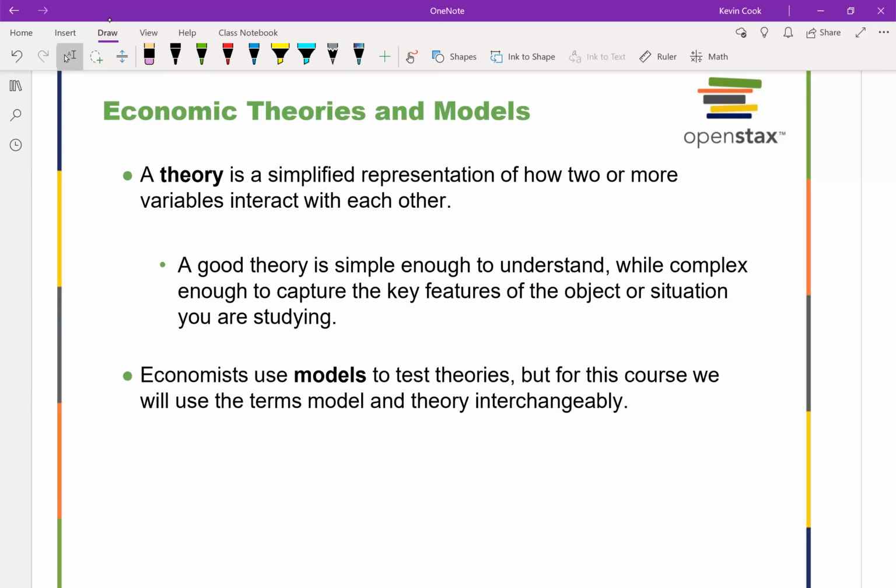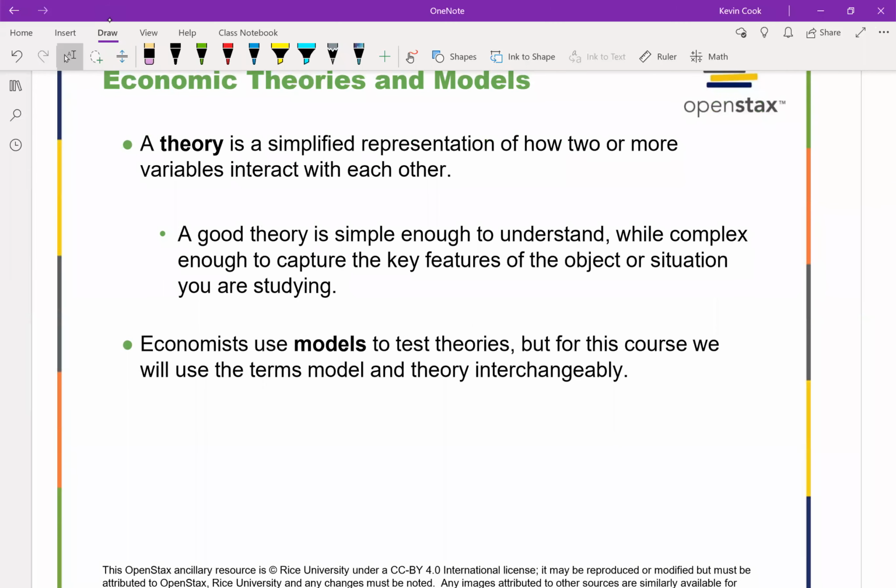So if we're looking at the market for ketchup, and something happens where 80% of the world's tomato crop dies out, if we don't see a change in the price of ketchup, our model is probably not very good. So we want it to be simple, where I can come in, explain it, and call it good, but complex, where it actually tells a story. So that's the idea of a theory.